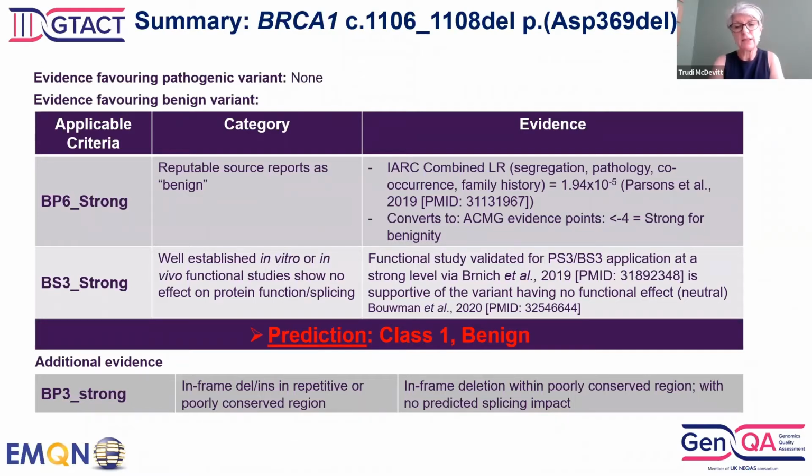So doing that and using the table in the latest CanVIG guidelines, you can get a strong for benignity. And we also applied BS3 strong based on validated functional studies that allow you to use BS3 at a strong level, Bowman et al. 2020. So already we've got a class 1 benign because we've got 2 strong pieces of evidence.